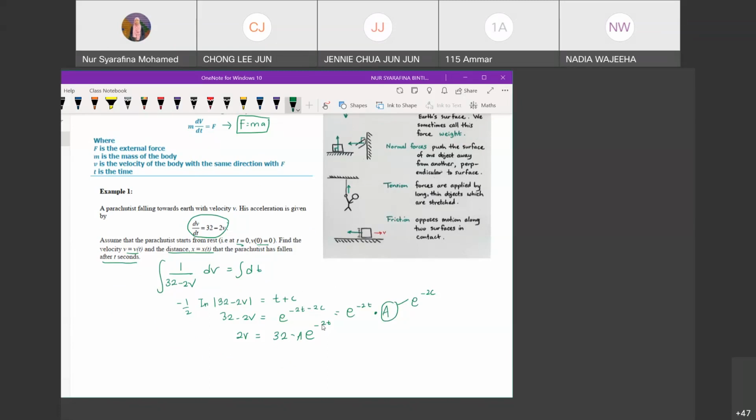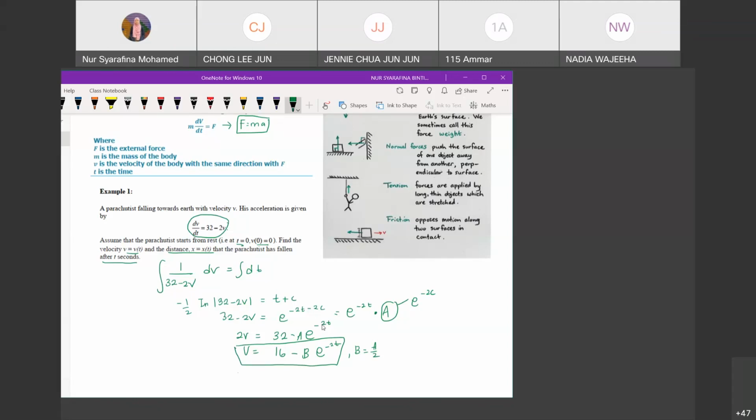All right, and then v equals 16 minus a over 2, which will give you b, another constant. Then you can simplify by using this. So this is the general solution of v.